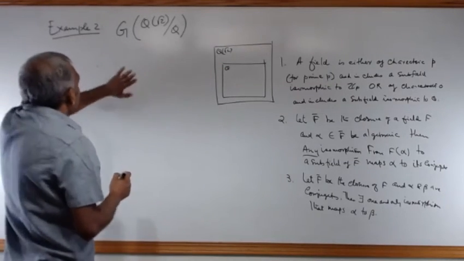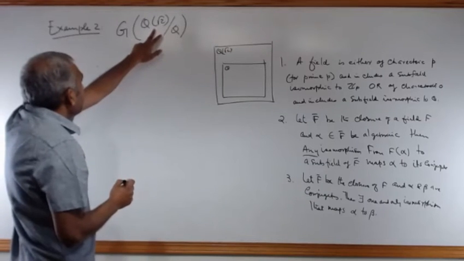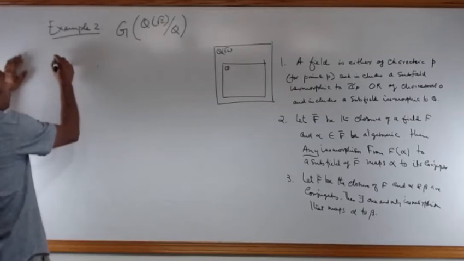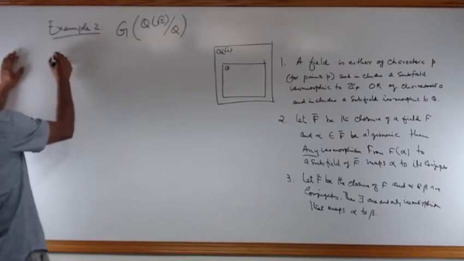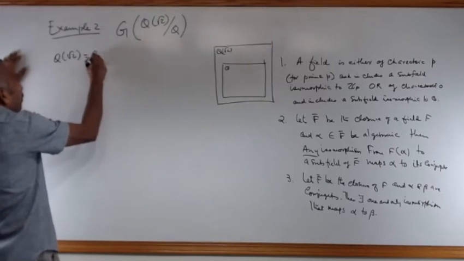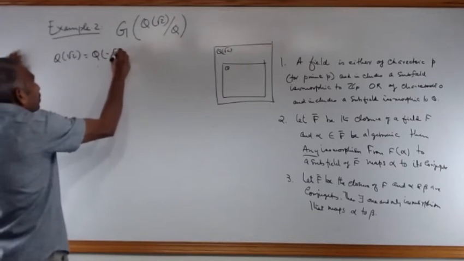So let us consider the conjugate isomorphism. By the way, Q of root 2 and Q of minus root 2 are same.